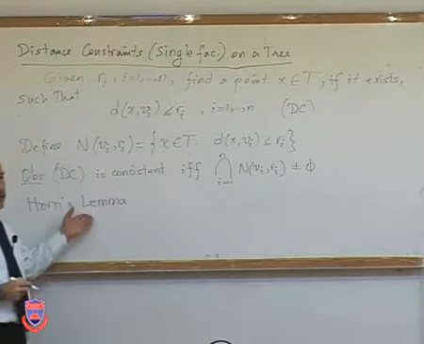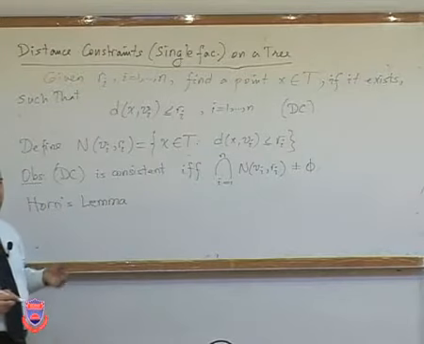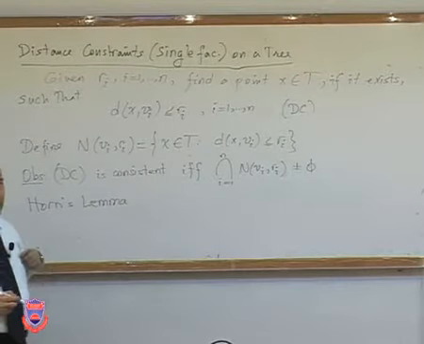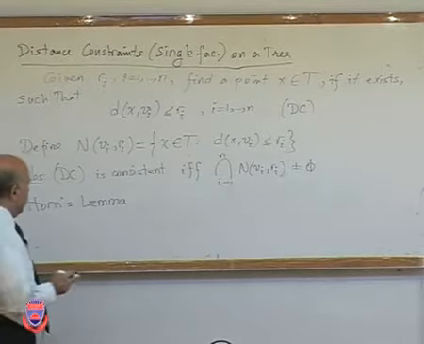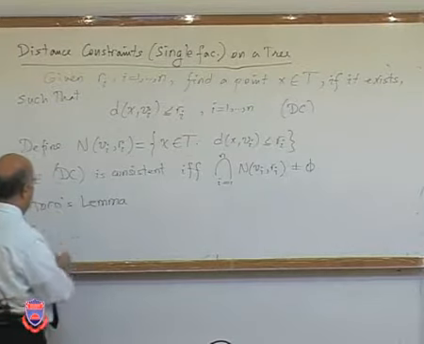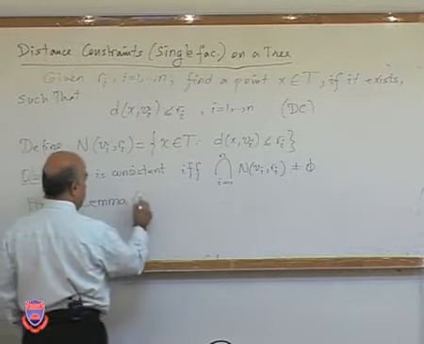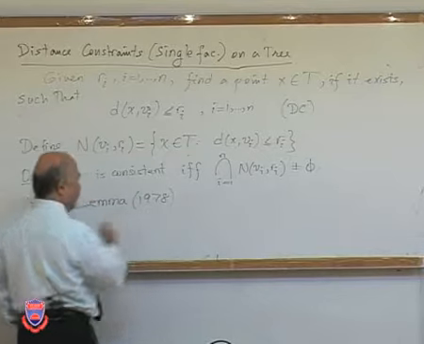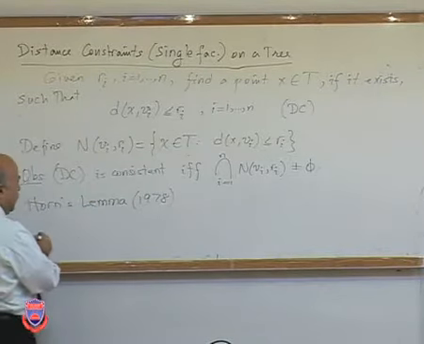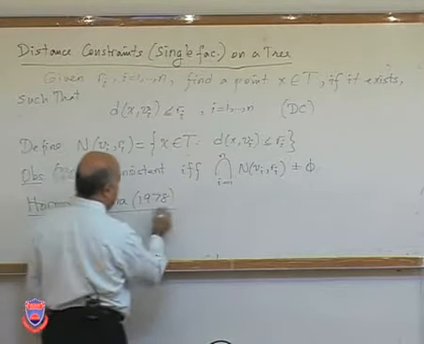Well, traditionally it's called Horn's lemma in the literature. I might have called that a theorem, so whatever you want to write it. But let's associate it with Horn. This is back from 1978. And the lemma says the following.